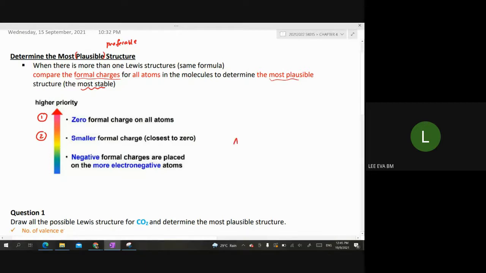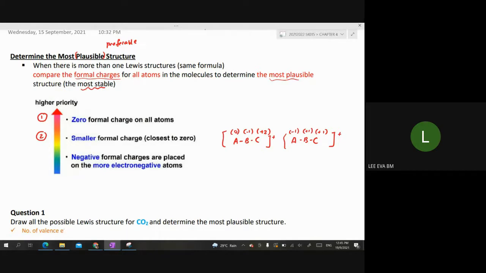For example, smaller formal charge. Let's say I have atoms A, B, C in two structures. Over here I have 0, -1, +2. Over here I have -1, +1, +1. The overall charge is still the same, a +1 charge. But smaller formal charge does not refer to the individual value. We are looking at the whole set, the whole structure.